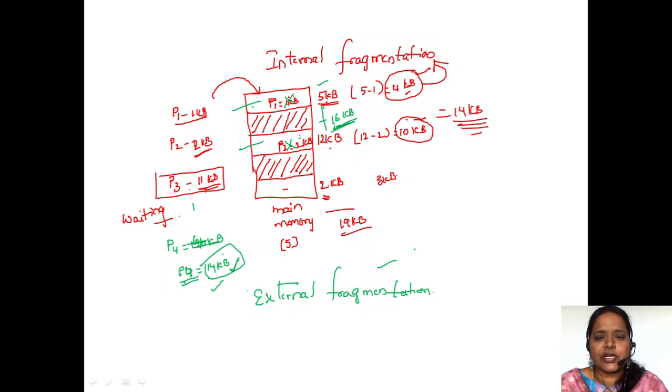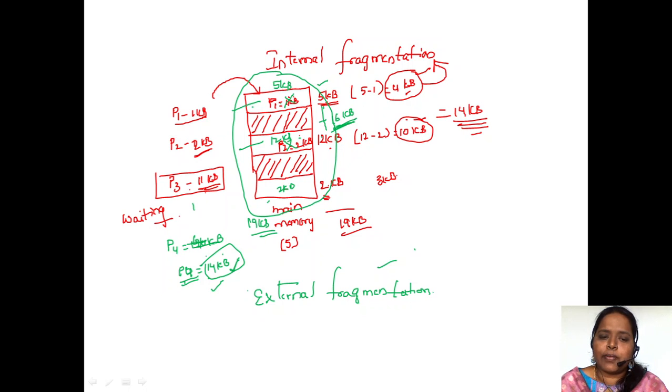External fragmentation means, out of the total memory we are having, this is 5 KB and this is 12 KB, and here also 2 KB is there. 12 plus 2 is 14, plus 5, totally 19 KB of memory is available.